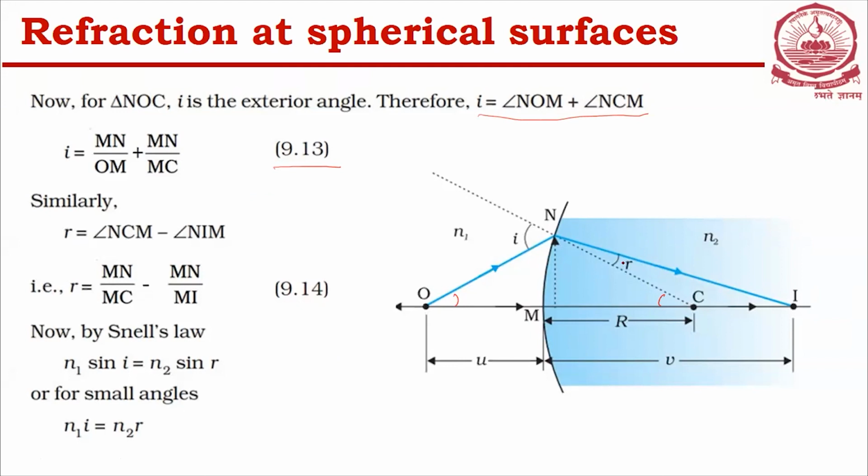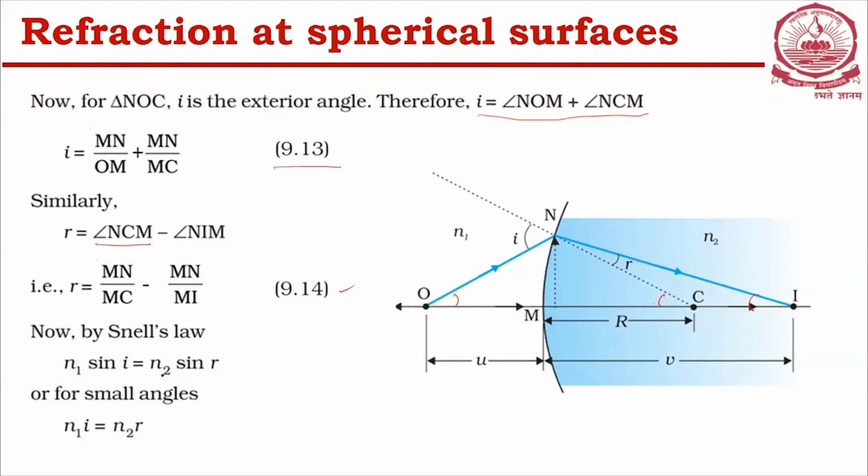I can write r as the angle NCM minus the angle NIM, because this angle is equal to the sum of r plus this angle. So r is equal to this angle minus this angle. This is the second equation, and from this I am getting this. Then from Snell's law, N1 sine i is equal to N2 sine r.